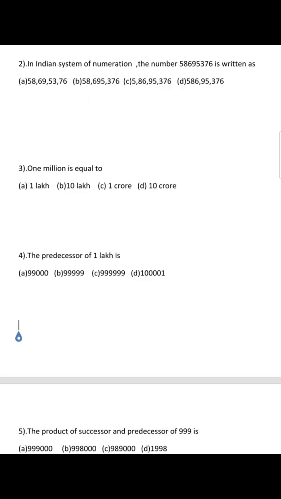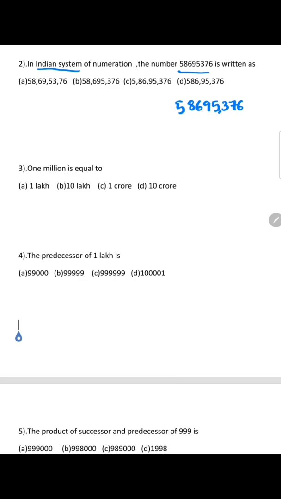The second question is, in the Indian system of numeration, this number can be written as. First, let me write down the number. As they are asking us the Indian system, we will put the first comma after the 3 digits.